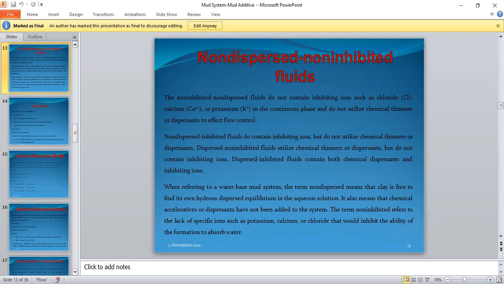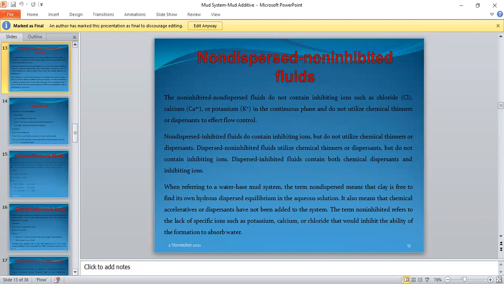When we talk about inhibited, it means they have salt that will take care of the formation. When we say they are dispersed, they can help reduce viscosity because of the type of formation we are drilling. The type of formation we are drilling can easily cause your mud viscosity to increase. Because of that, you have something in your mud to constantly be reducing the viscosity.